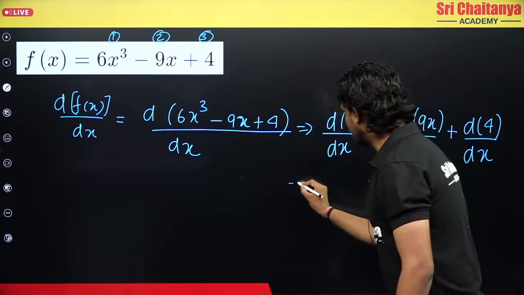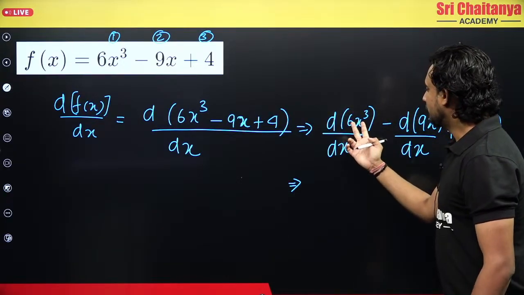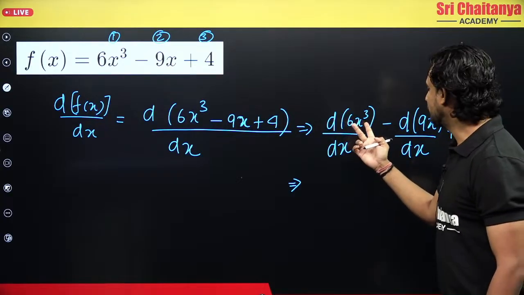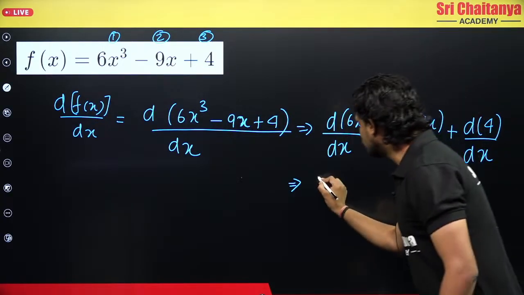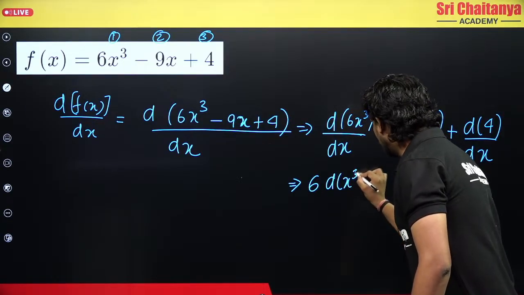For the differentiation of 6x cube, you understand that this is a constant multiplied by a function. So this 6 will come out, and I will say differentiation of x cube with respect to x.